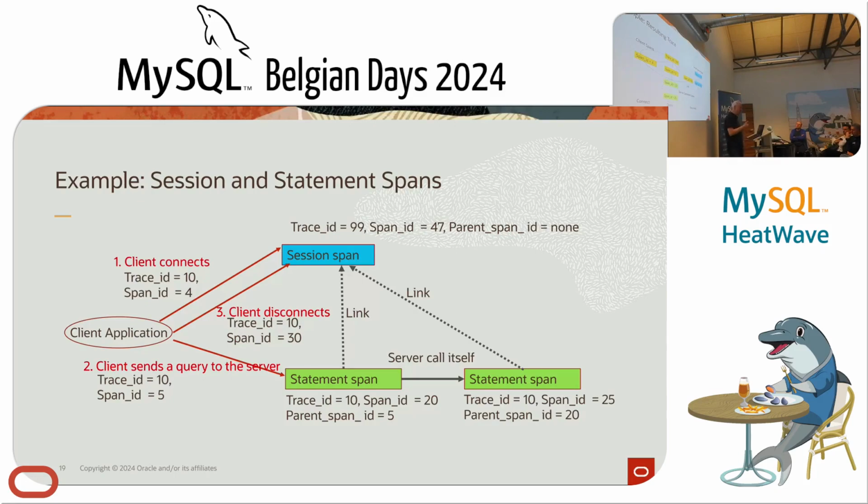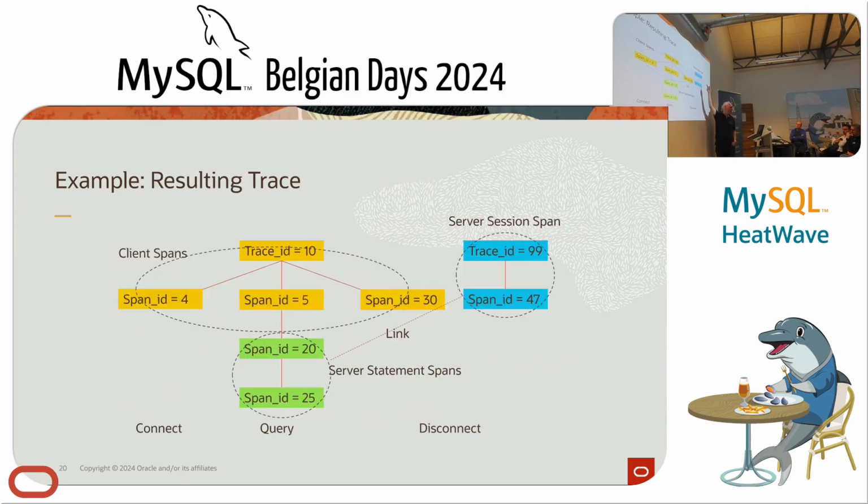So this example could look something like this. We have a separate trace ID generated by the server for the session, since we are not linking it to the trace.